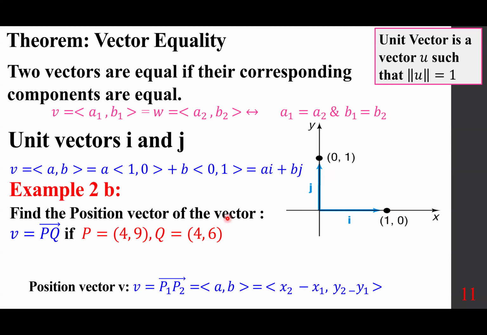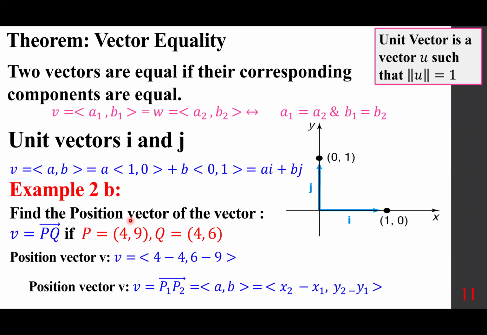Find the position vector of this vector v with P being at 4 comma 9, Q being at 4 comma 6. Well, x sub 2 minus x sub 1, y sub 2 minus y sub 1. So 4 minus 4, 6 minus 9.